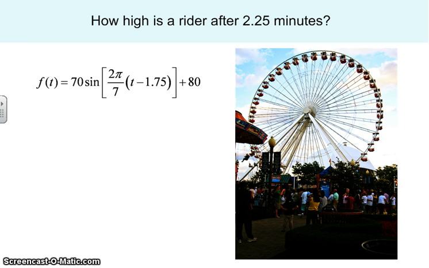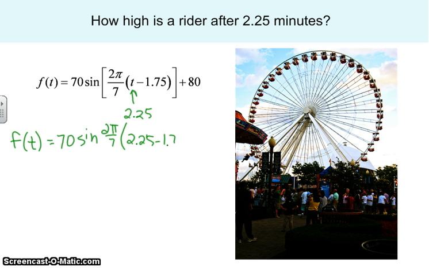And now, what I'd like to answer is how high that rider is going to be after 2.25 minutes. Well, all I have to do is plug the 2.25 in here. So I'm going to write my function f of t equals 70 times sine of 2 pi over 7, and I'm running out of room again, so I'm going to move this over, times 2.25 minus 1.75 plus 80.